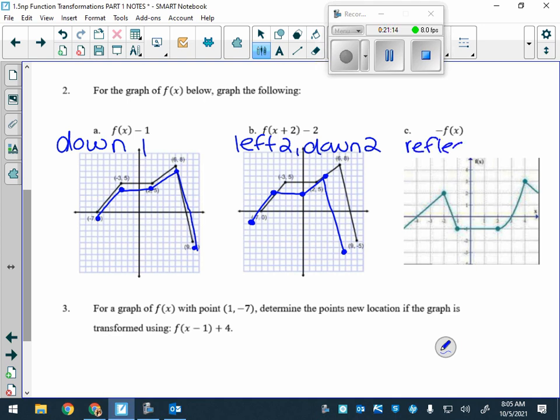It's reflected. Okay. Since it's reflected over the x, if I have a point here, we're going to jot down some points so you could see. I know this graph isn't the greatest.